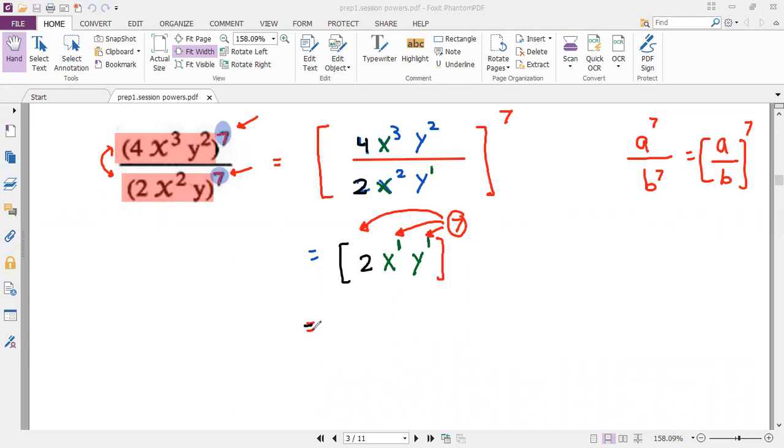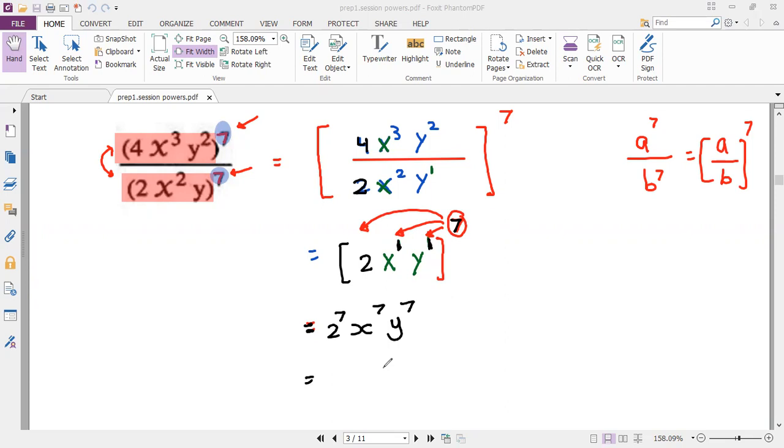So that is going to be 2 raised to the power of 7 and x to the power of 1, and we have the power of 7. So 1 times 7 is going to be 7, and y, we have y raised to the power of 1 and raised to the power of 7. So multiply them. 1 times 7, it's 7. And 2 raised to the power of 7, it's 2 multiplied by itself 7 times.